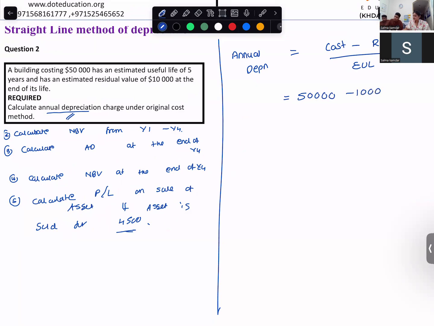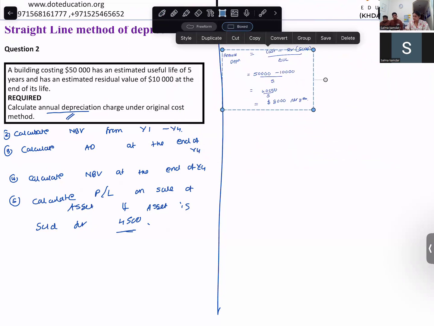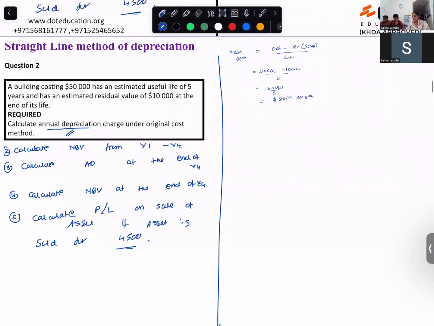Estimated residual value is 10,000. Estimated useful life is 5. So annual depreciation is 40,000 over 5. It is $8,000 per year. First thing, you all have done this wrong. Are you with me? Annual depreciation is $8,000 per year.